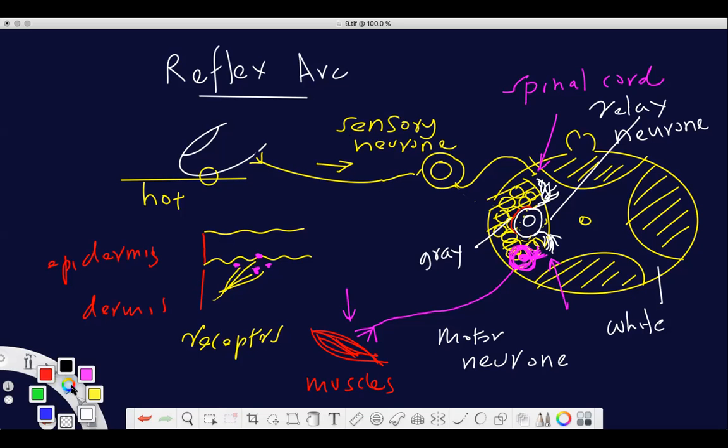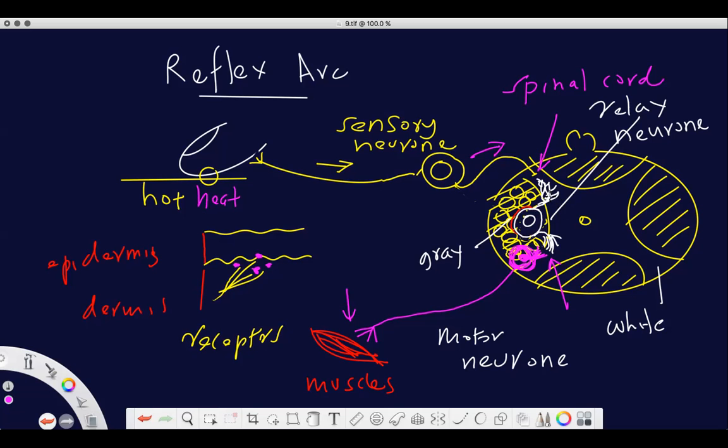Now let's see what is going to happen. As soon as the heat energy is transferred to the receptors, the heat energy is the stimulus, and this is detected by the receptor. Then the receptor creates a nerve impulse, and the nerve impulse travels through these sensory neurons to the spinal cord, like this.